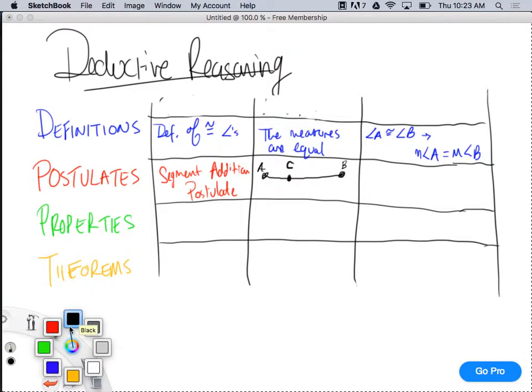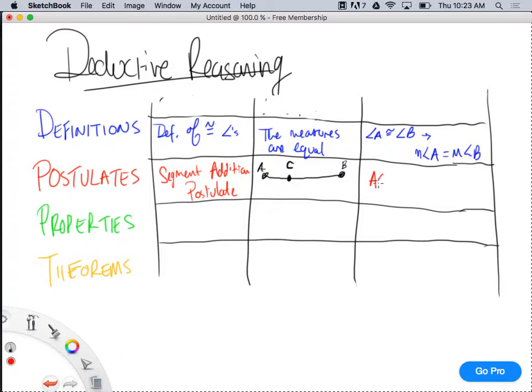And so what I could get from that is exactly that. Segment AC plus segment CB equals segment AB. You understand?